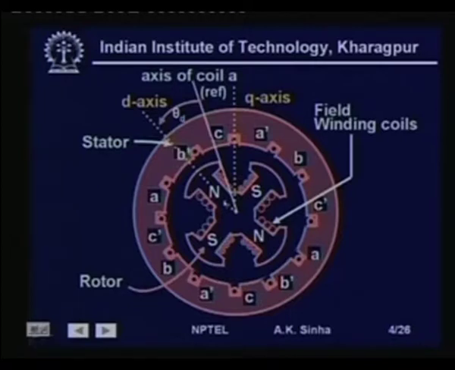Whatever may be the position, the path of this flux will be through the air gap around the poles. So, around the two poles it will pass through that, and this air gap, as the rotor keeps rotating, still remains the same between the rotor poles and the stator.